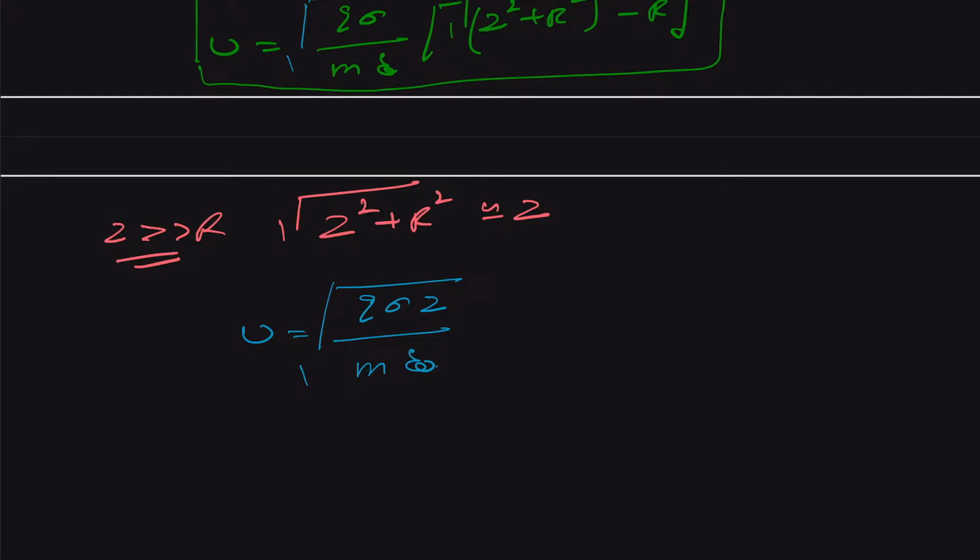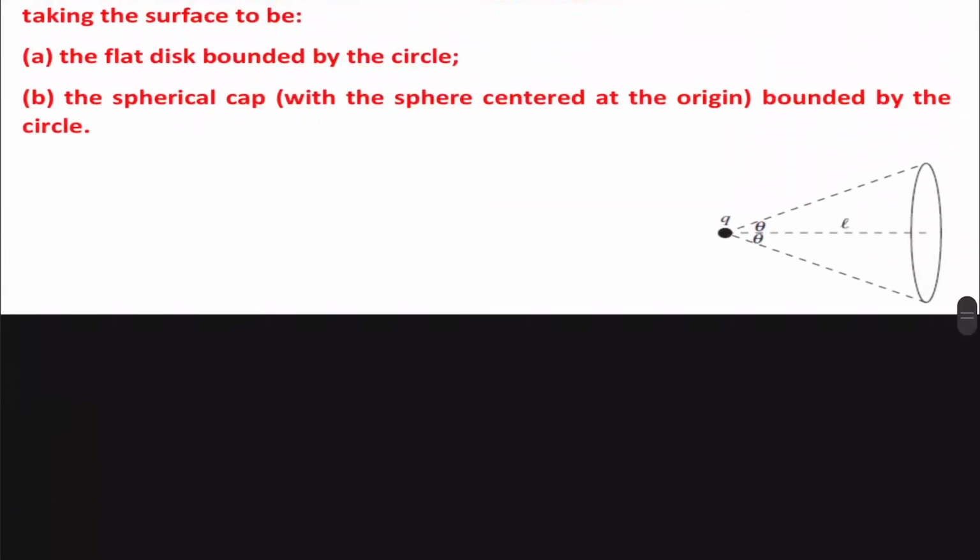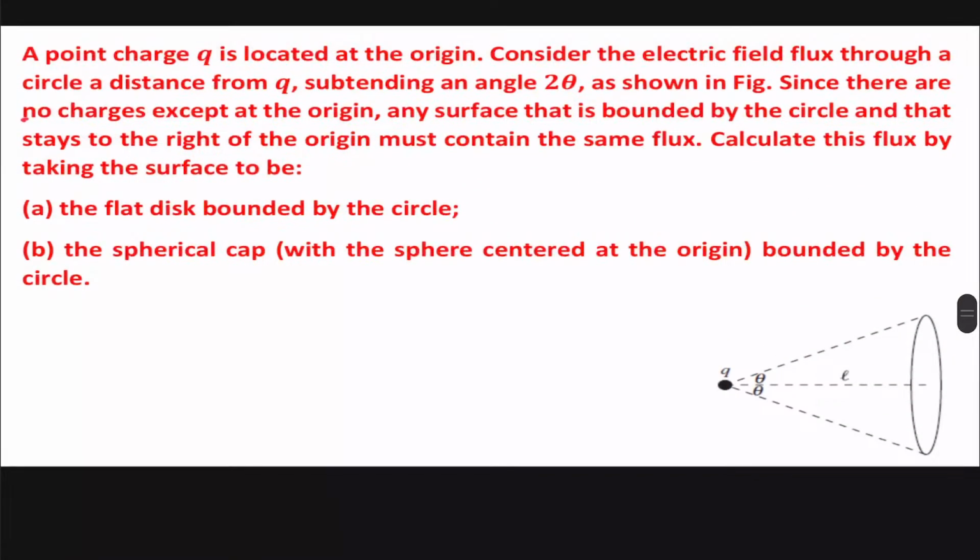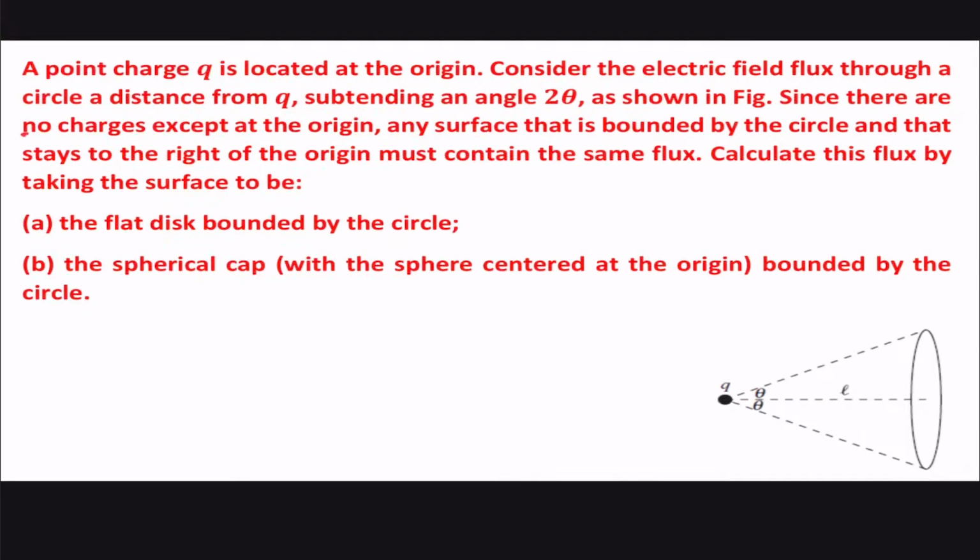Now we come to our third question, and in the third question it states that a point charge q is located at the origin. Consider the electric flux through a circle at a distance, this distance should be L, from Q, subtended at angle 2 theta as in the figure.